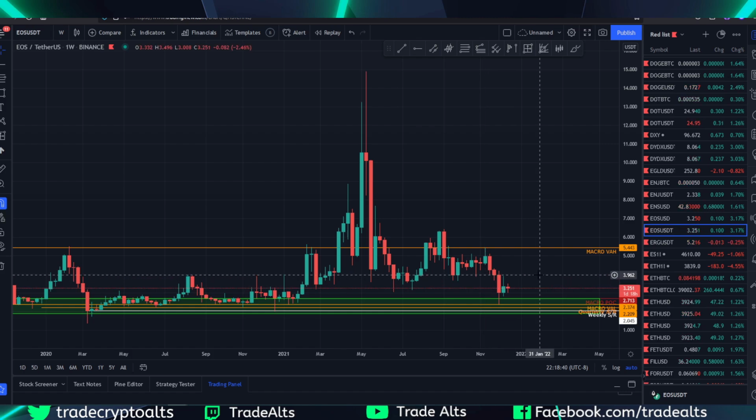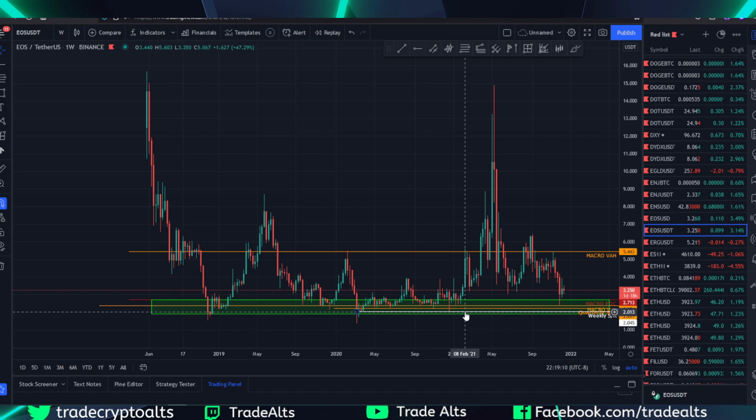But ultimately, your macro value area high would be that target. That is part of the similarities to how I trade the value areas for ranges. But when it comes to macro value areas, you can see it's a bit different, right? It's not just straight level to level, as far as the value area low, point of control, value area high.